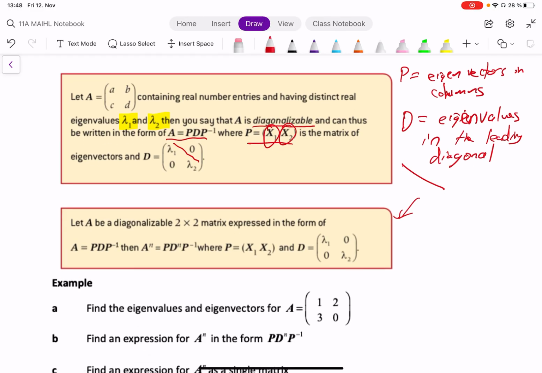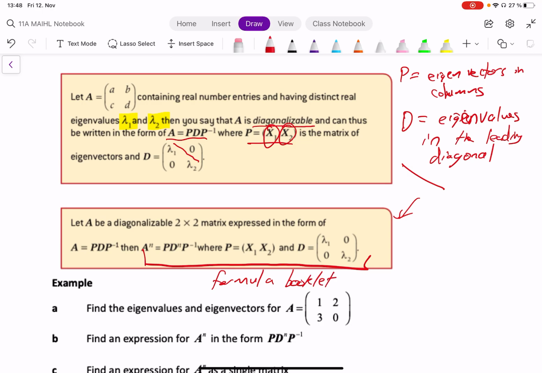So it says, let A be a diagonalizable 2 by 2 matrix expressed in the form A equals P times D times the inverse of P, then the powers of A, and this is what we kind of proved in the last one, can be represented with this. So this is what appears in your formula booklet.